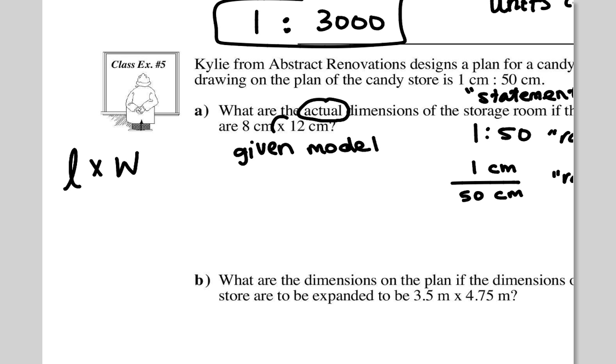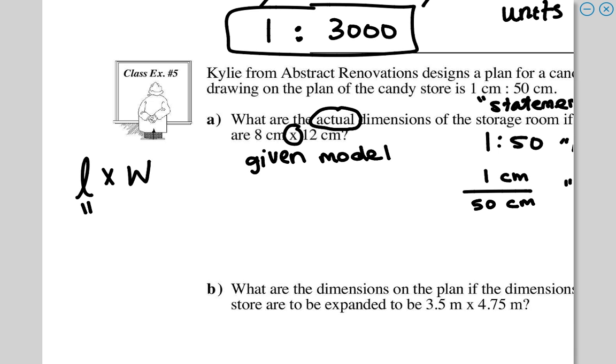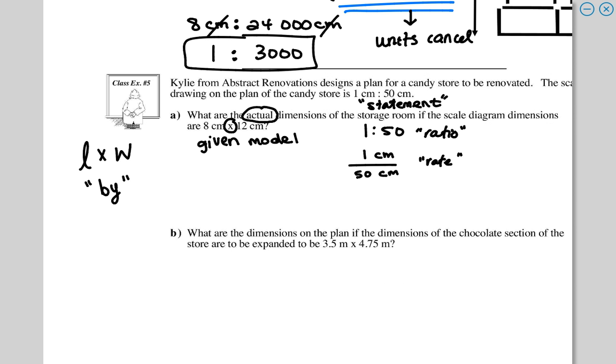That X right there, you would read as by. So you have to convert each one of those dimensions separately. And like I said, I prefer the statement. And then I can cross multiply.